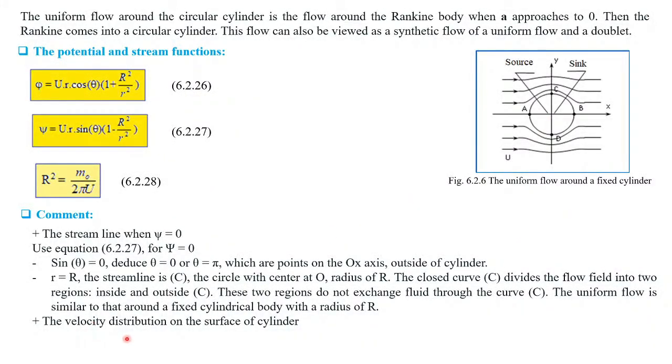The velocity distribution on the surface of the cylinder. Now we would like to find the velocity on the surface of the cylinder. We use the relation between the velocity and phi or psi, and we can find the formula to calculate the velocity.